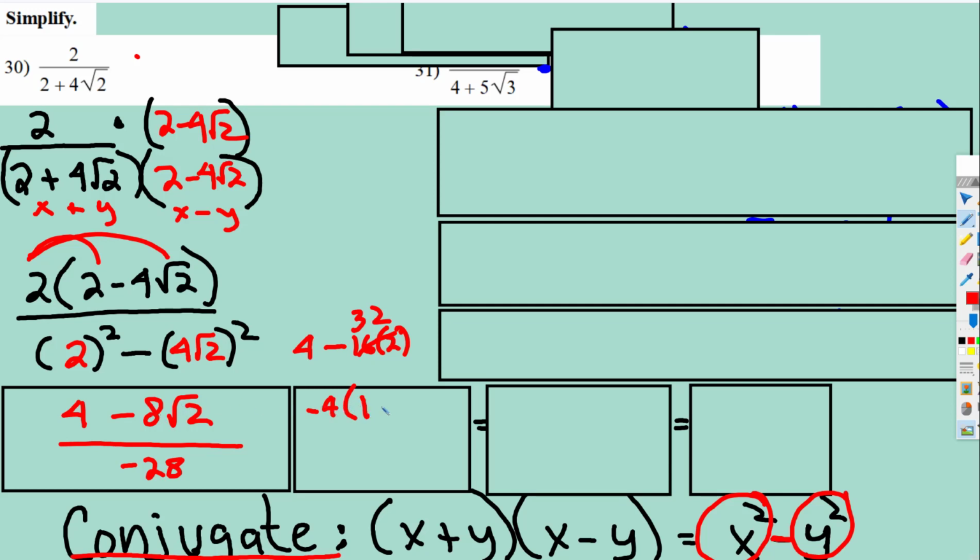Negative 8 divided by negative 4 leaves positive 2 root 2. And then down here, negative 4 times 7. So that's what we have left: 1 plus 2 root 2 all over 7. So that would be the final answer: 1 plus 2 root 2 all over 7.